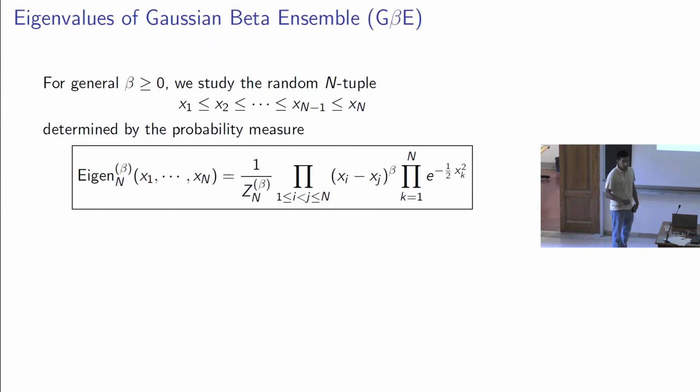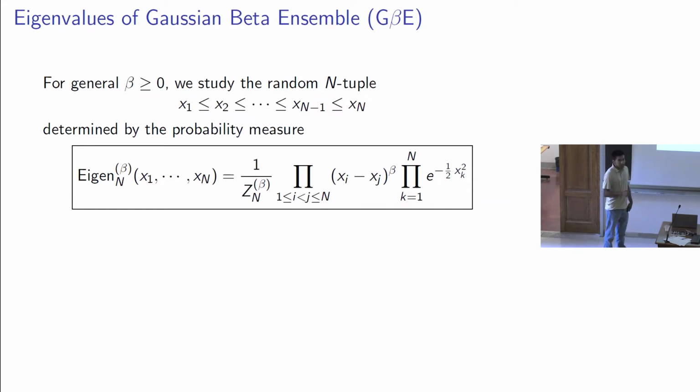Now I will talk about some more general probability measures. I will call it the eigenvalues of the Gaussian beta ensemble. There will be some parameter beta here, which will be bigger than or equal to 0 and real, so a non-negative real number beta. The distribution that I will look at is the following.